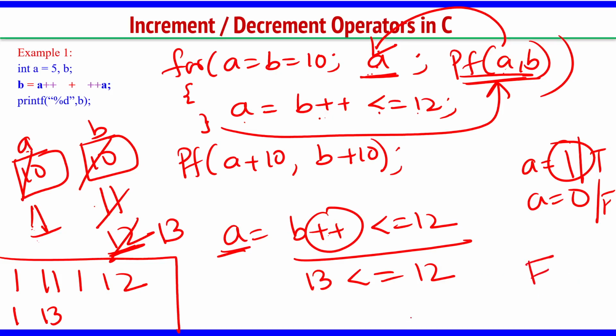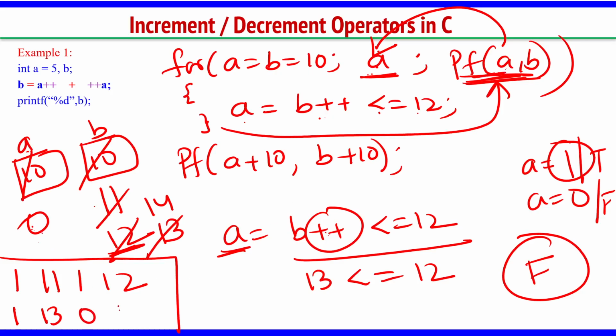It is false. It is not true. But there is something pending which you said you will do. Because of this it becomes 14. And since this is false, a value becomes now 0. Now go back to increment decrement. There is printf ab. So a is 0, b is 14. So 0, 14.